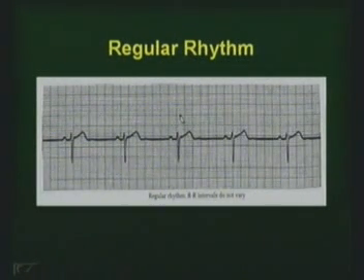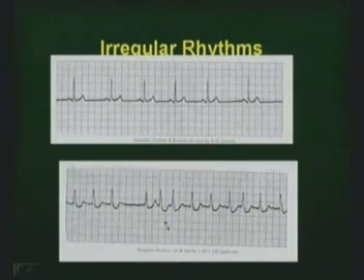Right now all I wanted to show in a slide was a regular rhythm as shown here, where the QRS comes at a regular interval, or an irregular rhythm like in the bottom here and also in the top frame. That's an irregular rhythm, but this is more obvious, the lower one being atrial fibrillation.